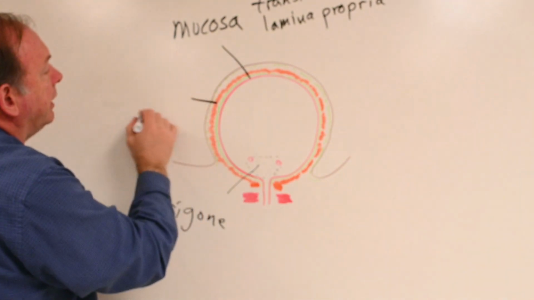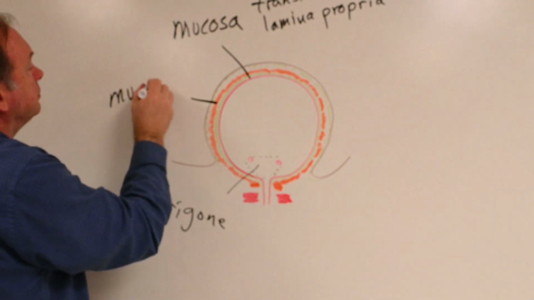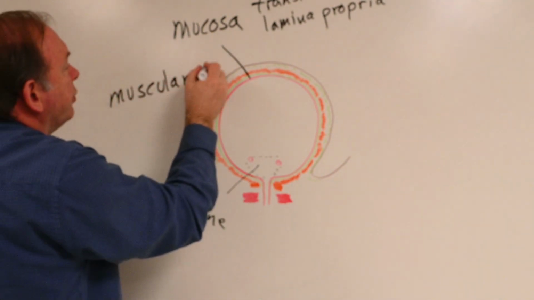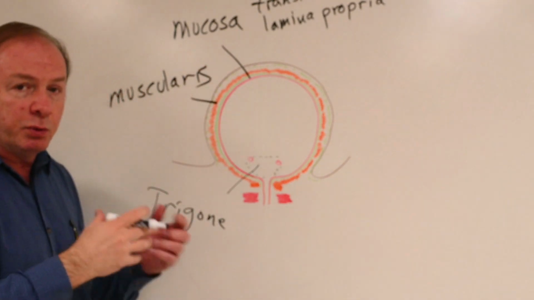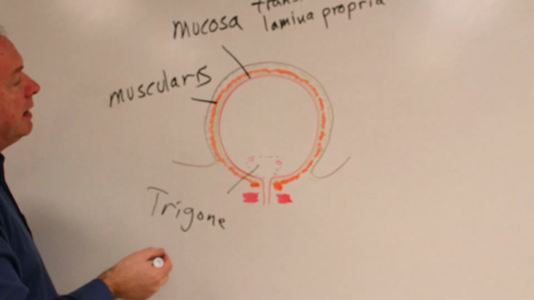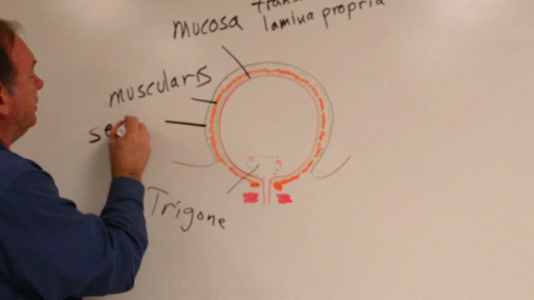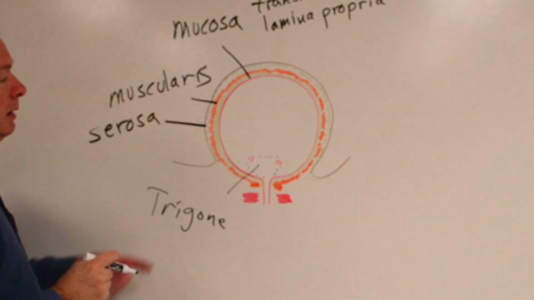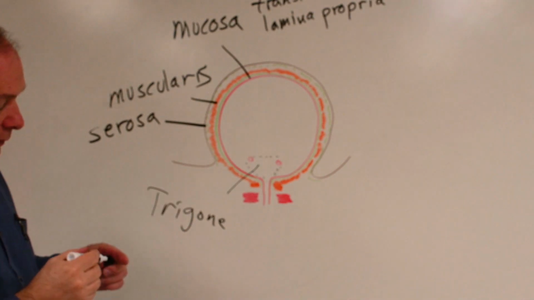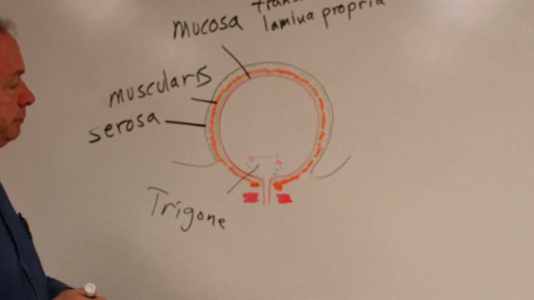Next, we have a muscularis layer. It's all smooth muscle, and it's mixed with a fair amount of connective tissue. And then on the outside of that, we have that serosa, a mesothelium, and then underneath of that, a little bit of connective tissue there.